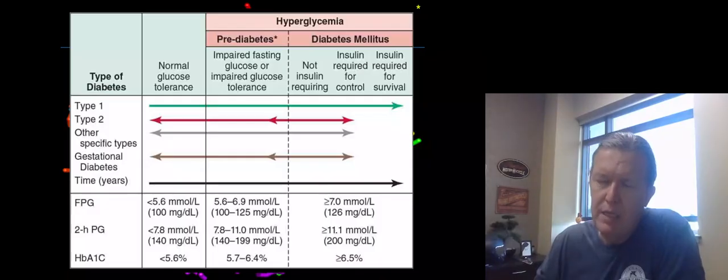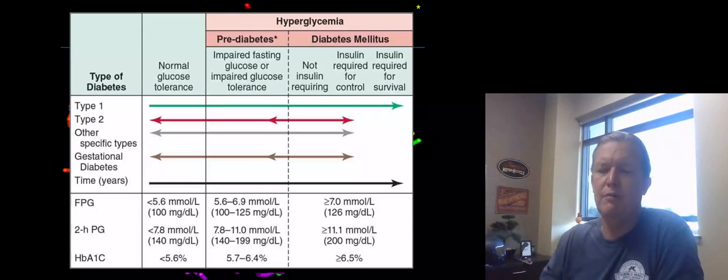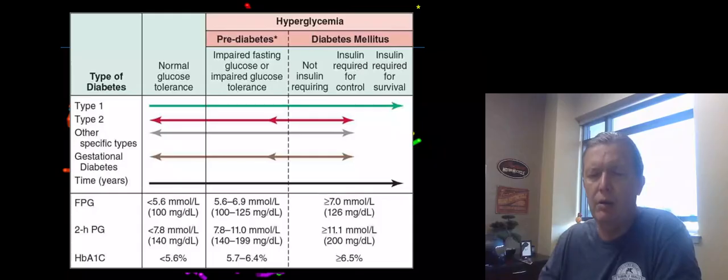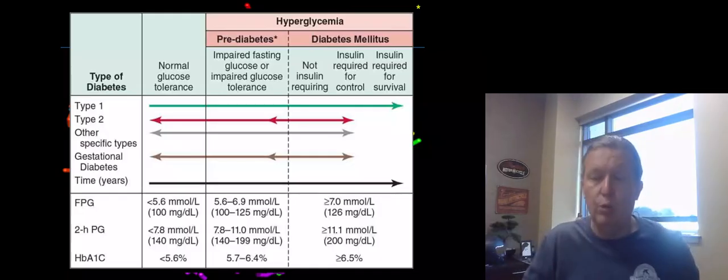Again, depending on the type of diabetes, and that'll be clear later on in class. But when we move into the diabetes range, we see 126 milligrams per deciliter on a fasting test, 200 milligrams per deciliter on a 2-hour glucose tolerance test, and a hemoglobin A1C of 6.5 or greater.